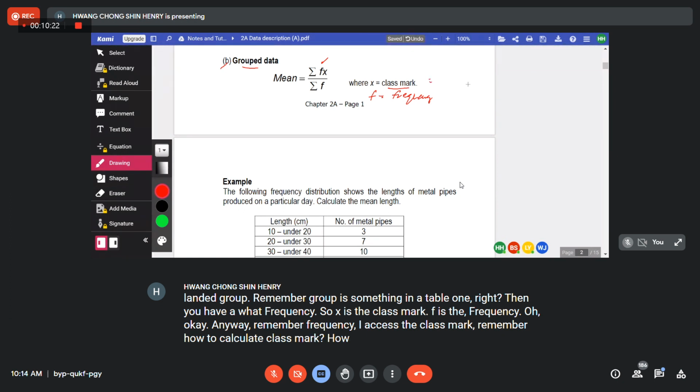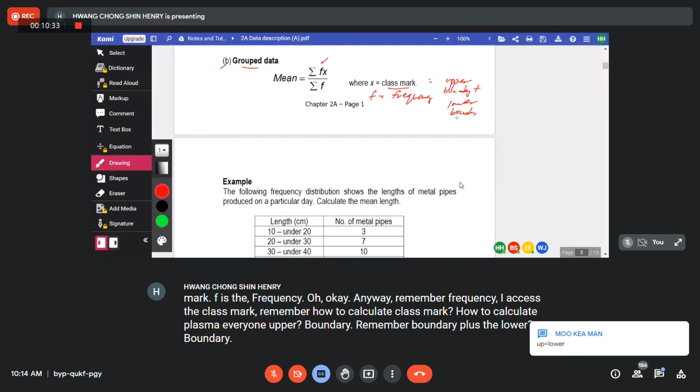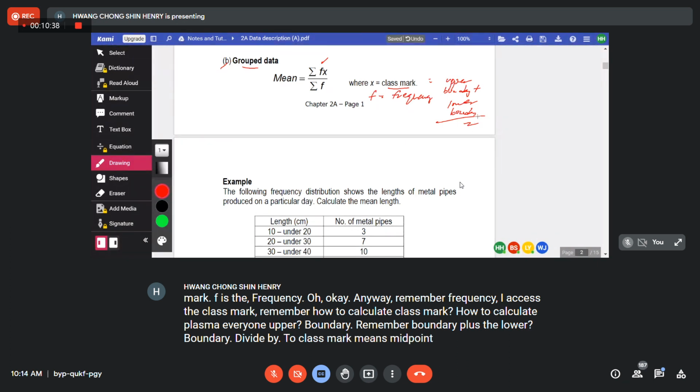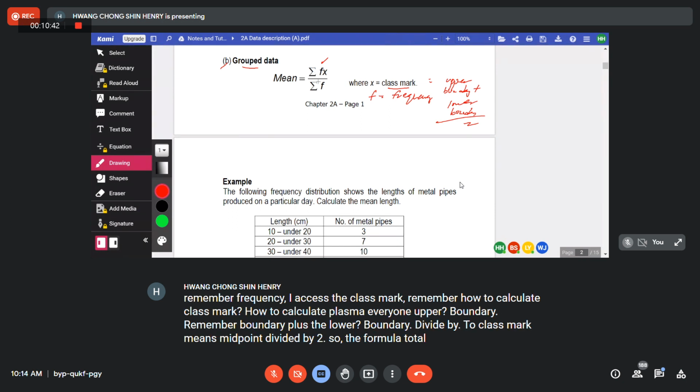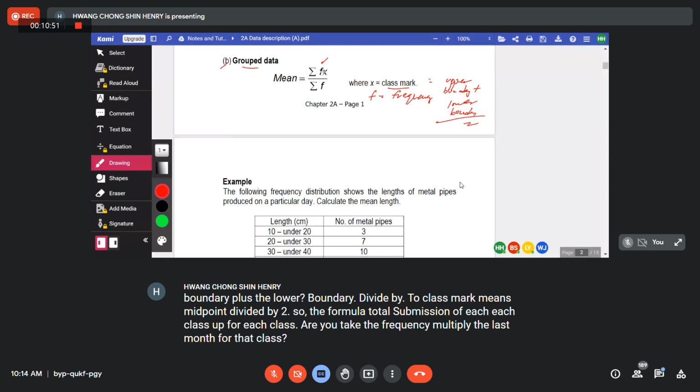Upper boundary plus the lower boundary divided by 2. Class mark means midpoint. So the formula: the summation, for each class, you take the frequency, multiply by the class mark for that class one by one, then you total up and divide by the total frequency.